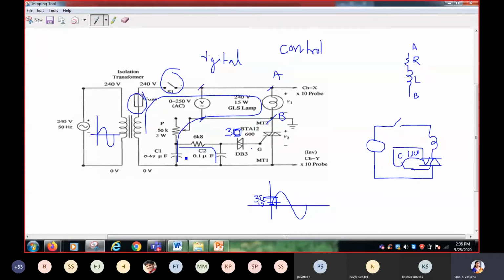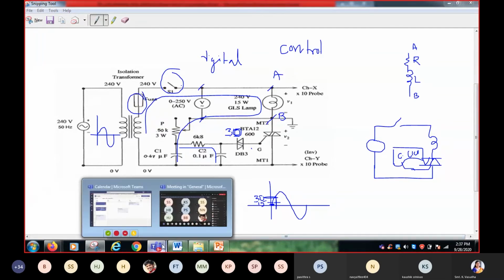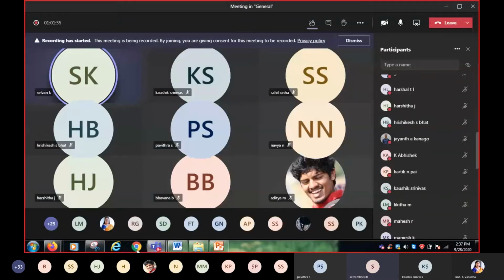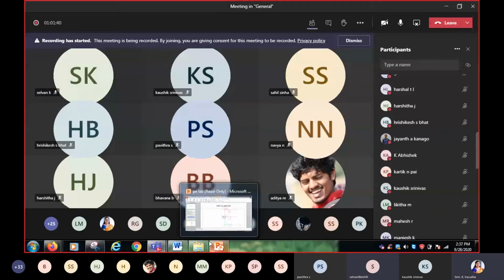What is the formula for voltage across a capacitor? Manjesh? Ma'am, Q by C. Q by C. We don't know any Q here, right?